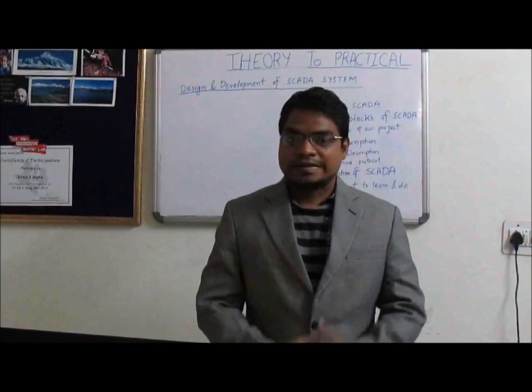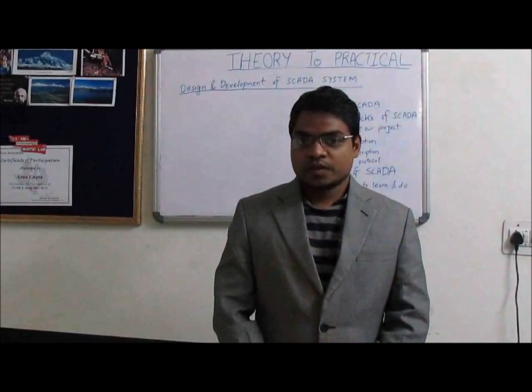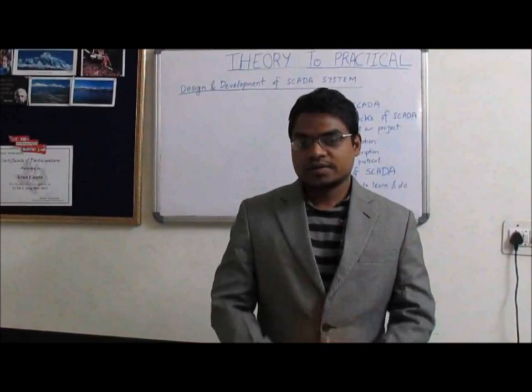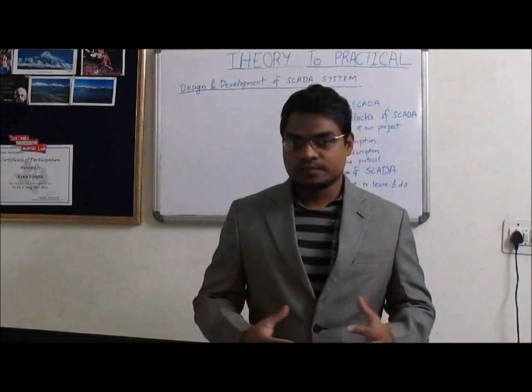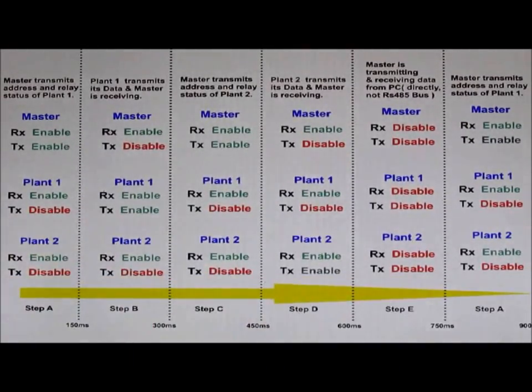Now we will understand this by a graphical representation. So here we have a graphical representation of the timeline of our program. This one is the timeline, representing time, and here we have shown the enable and disable status of the receiver and transmitter of master, plant 1 and plant 2.